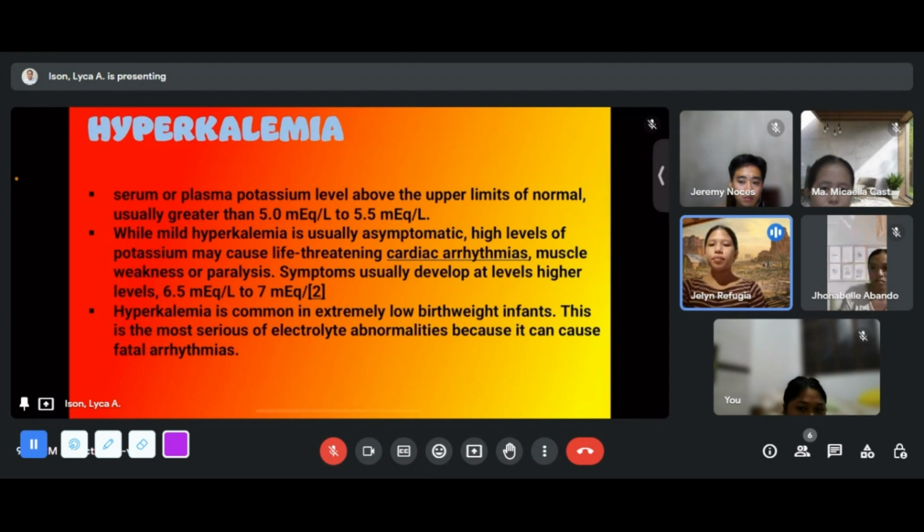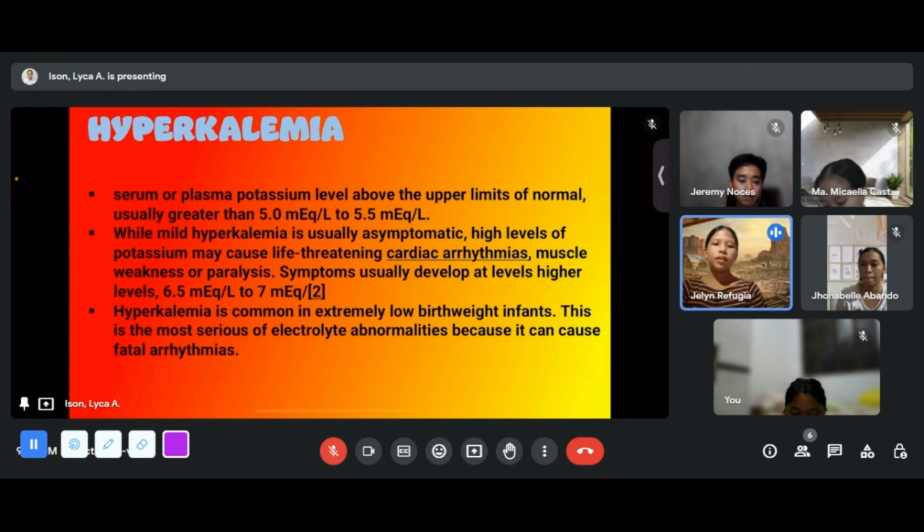So hyperkalemia in neonates is somewhat called neonatal non-oliguric hyperkalemia. So it happens when the serum potassium concentration is greater than the normal. So ibig sabihin, na-reach niya yung upper limit of normal potassium level which is usually greater than 5.0 milliequivalent per liter or 5.5 milliequivalent per liter.